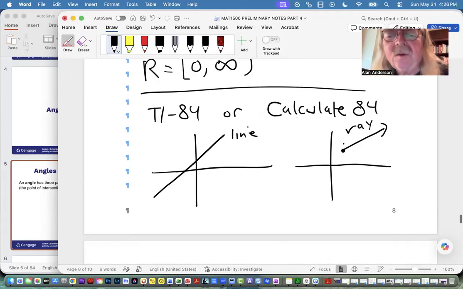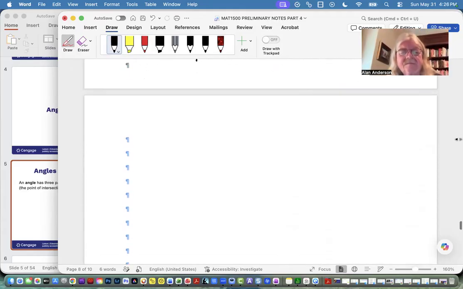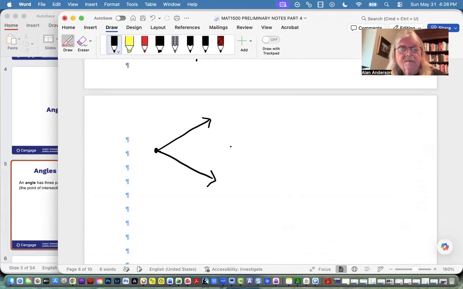All right. So if we bring these together, they come together at a specific point, which is known as a vertex.